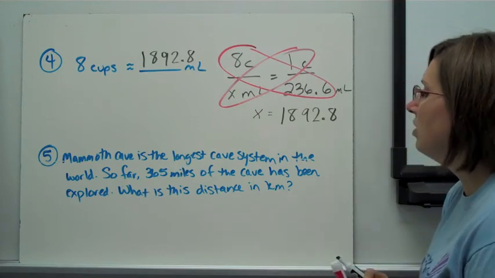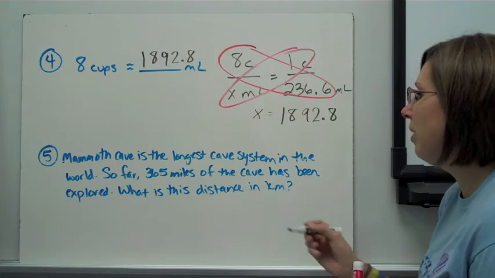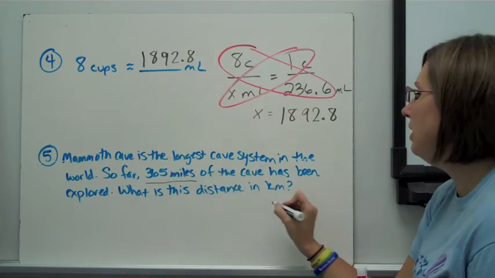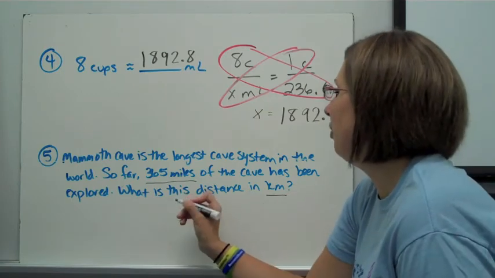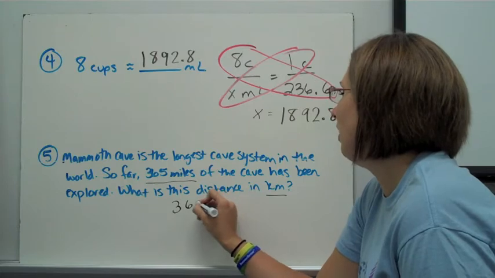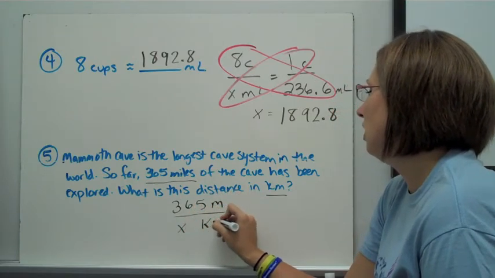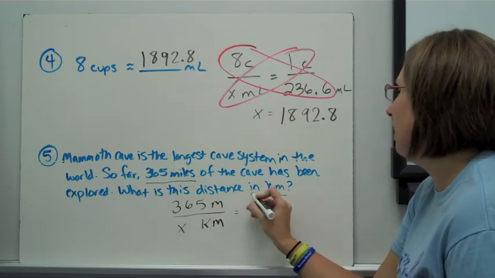Okay, number 5. Mammoth Cave is the largest cave system in the world. So far, 365 miles of the cave has been explored. What is this distance in kilometers? So I'm going to set up a proportion. 365 miles is how many kilometers? And I'm going to set that equal to what I know.